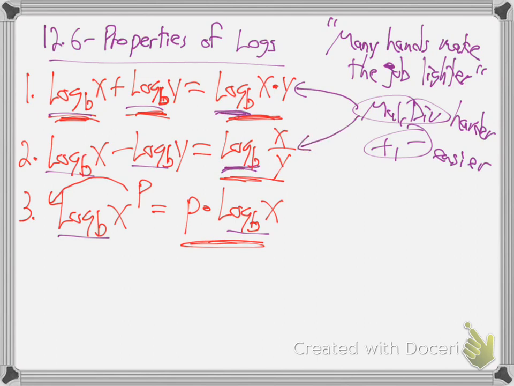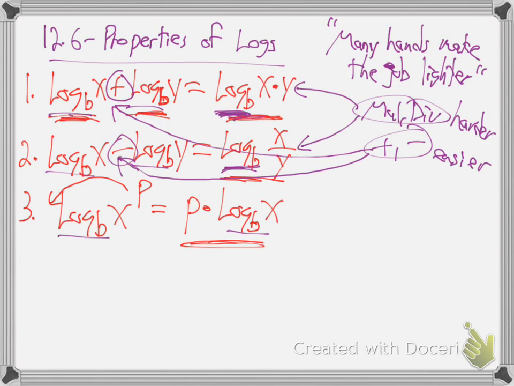If you just have 1 log, it's a harder job. If you have 2 logs, that's the easier job. For 2 logs, it's an easy operation. It's just adding, subtracting. So a job that's easier for 2 logs is harder for only 1 log, right?